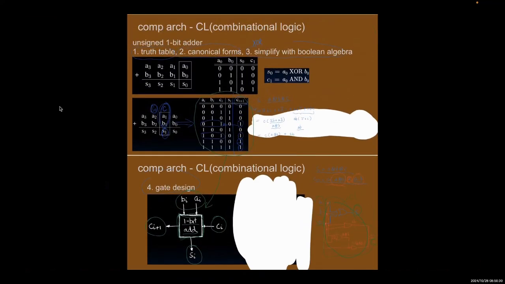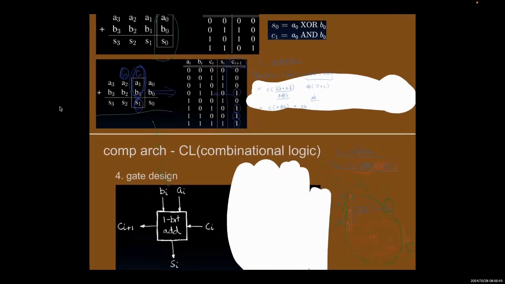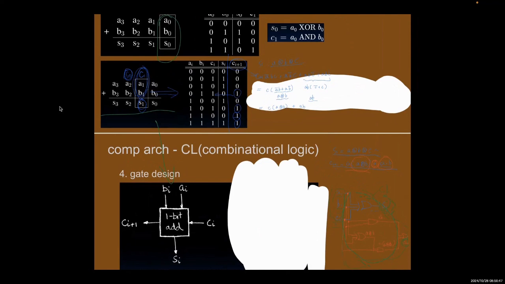So you can see that for the lowest bit, we just build an adder, and for the higher bits, there's still a lowest bit, and the lowest bit only has 2 inputs and 2 outputs, and it doesn't have the C here. So you can see that if you set the C always to 0, then it's a 1-bit adder for the lowest bit. They are the same. The C is always 0.